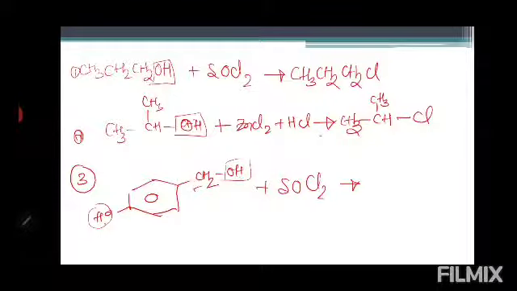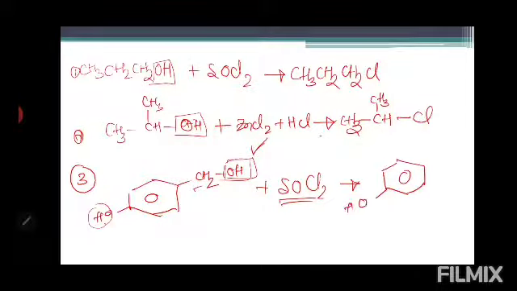Out of the two, only the alkyl OH will take part in the reaction, and it will get replaced by Cl. There will be no change with the phenolic OH, and we'll get CH2Cl. So this is the product.